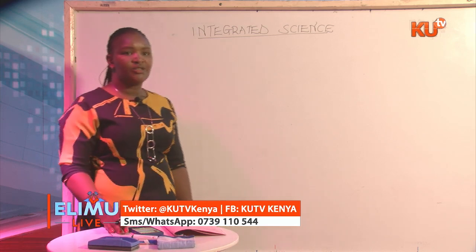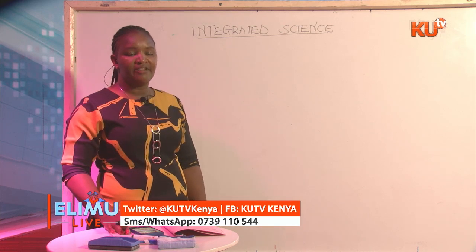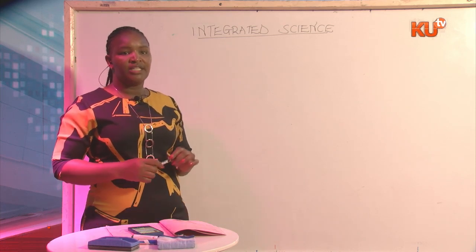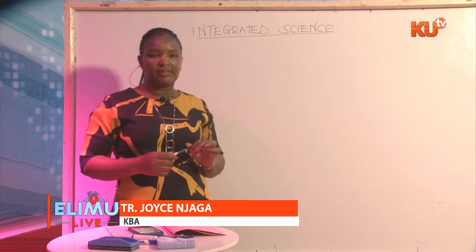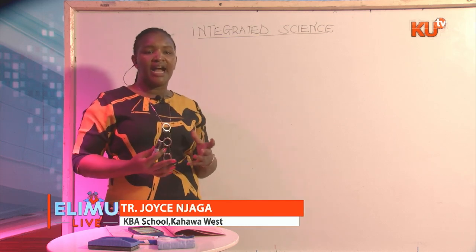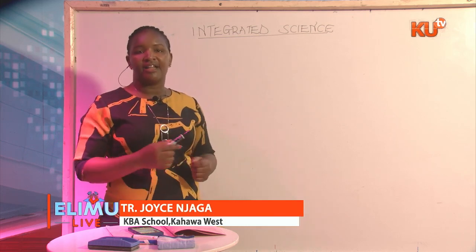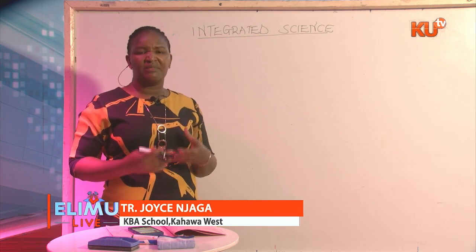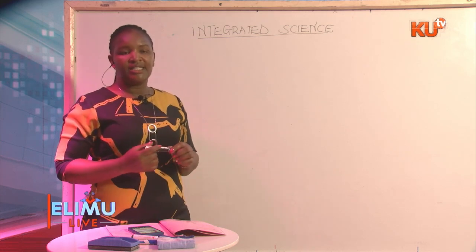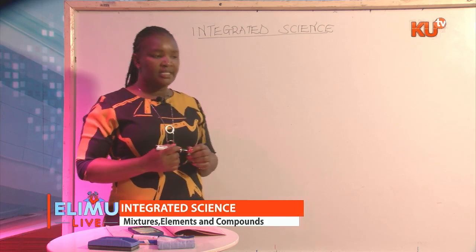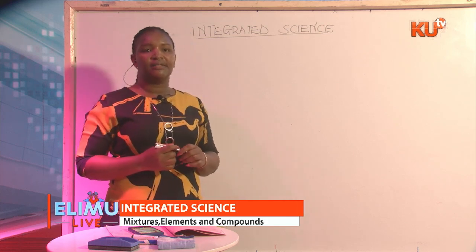And just to remind us what we learned in grade 7, when you talk about integrated science, it is simply a learning area that has combined. To integrate simply means to combine. It is a learning area that combines several branches of science.